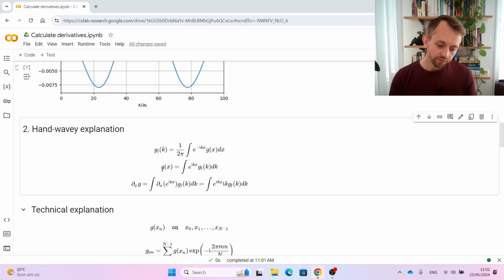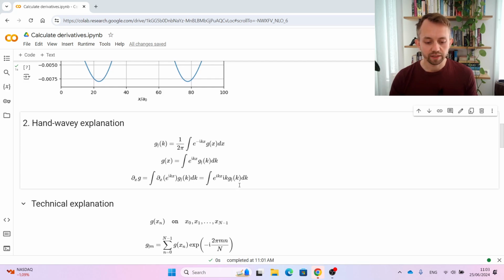And now if you just take the derivative of this function g, you see that this derivative operator, the dx here, it doesn't really care about the integral because the integral is an integral over k. And inside the integrand, the only thing that is really a function of x is this exponential factor here. And when I take the derivative, I get down this ik factor, which I can put together with gf here.